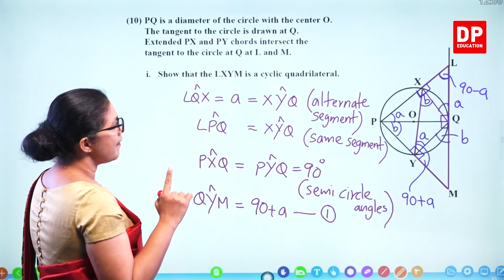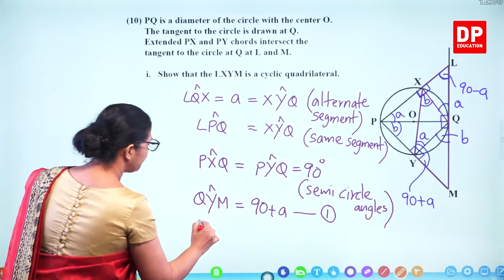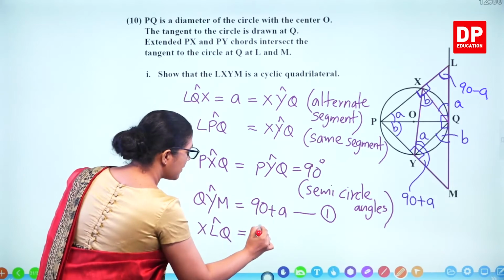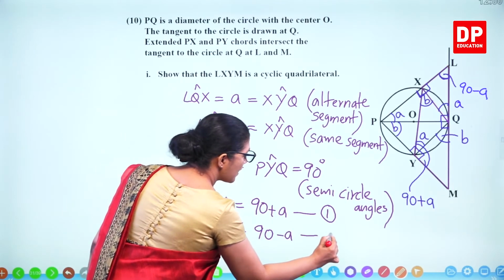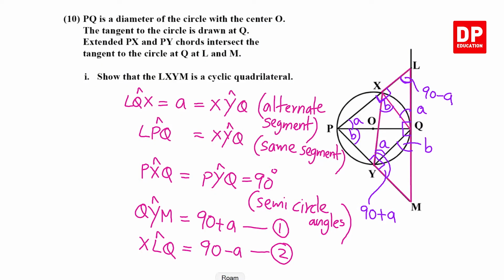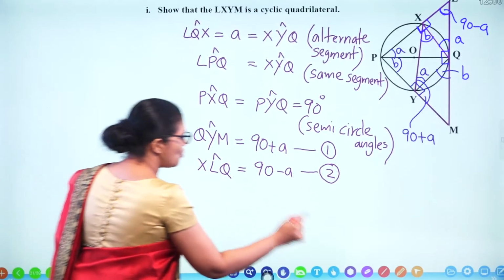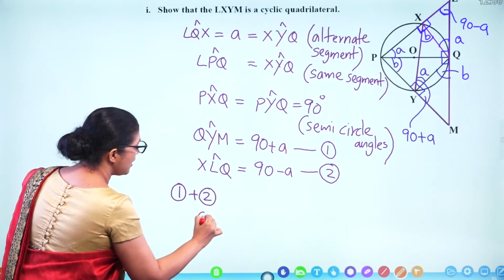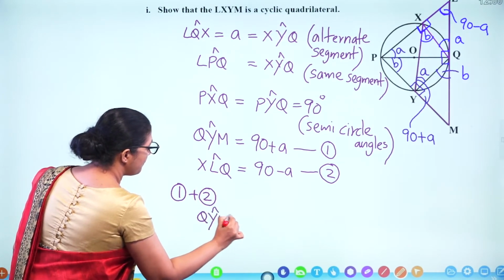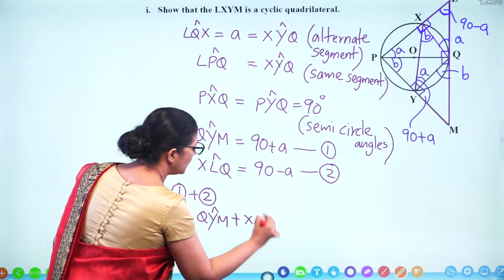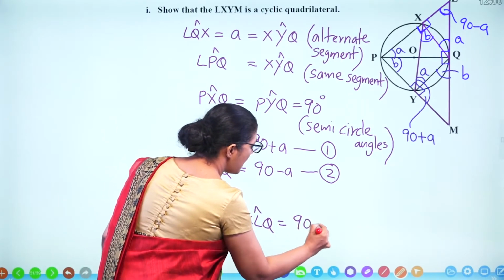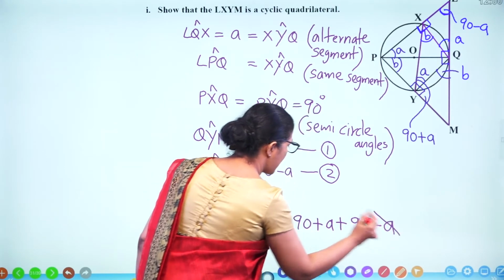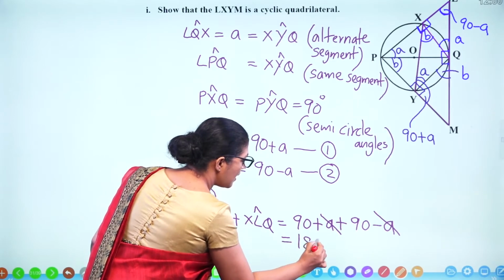And then you can write XLQ, 90 minus A. That's your second equation. When you add these two, 1 and 2, you get QYM and XLQ is 90 plus A plus 90 minus A. A get cancelled out, you get 180.